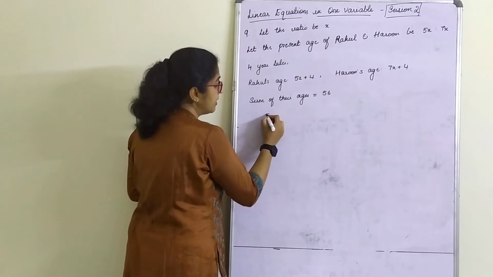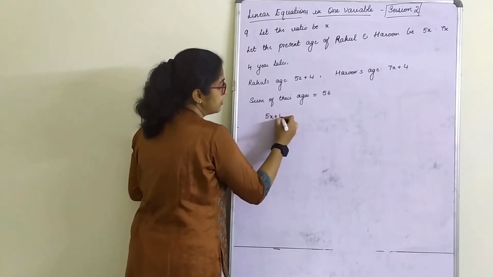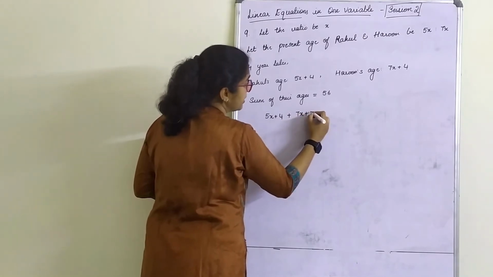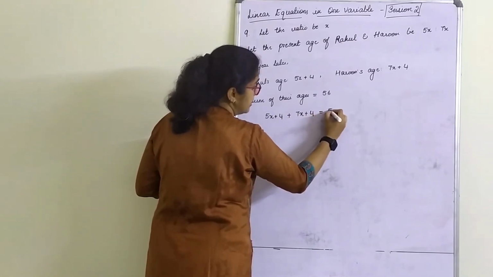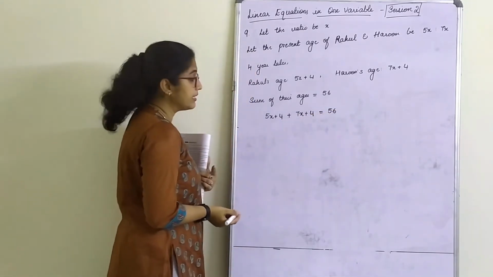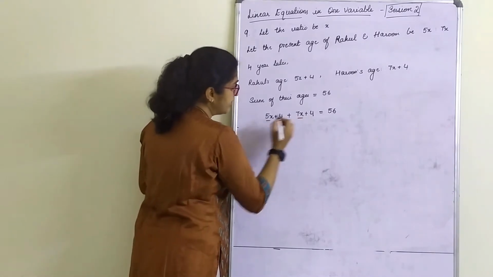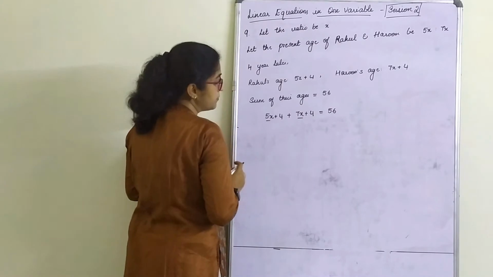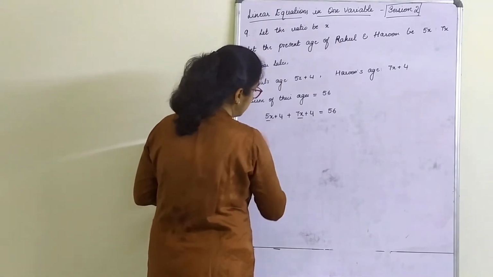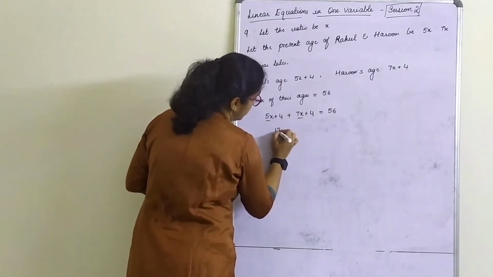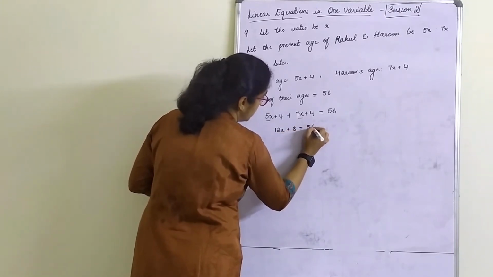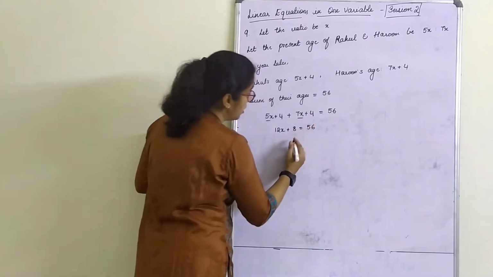So we will write now 5x plus 4, Rahul's age, plus Harun's age, 7x plus 4. 4 years later, their sum is 56. This is what is given. We'll add the like terms. 7 plus 5 we can add, and 4 plus 4 we will add here. 12x plus 8 is equal to 56.